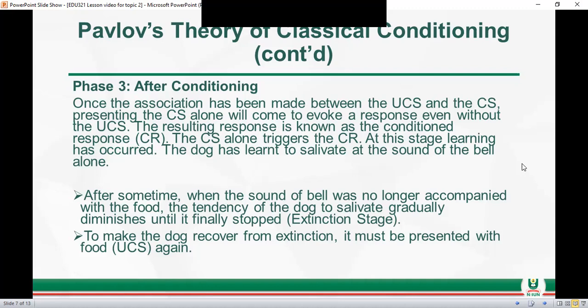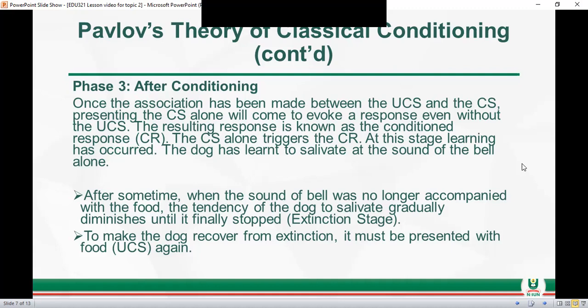So once you start presenting the food again, the dog will recover from extinction. Very interesting experiment, isn't it? So we have described the three phases of the conditioning process.